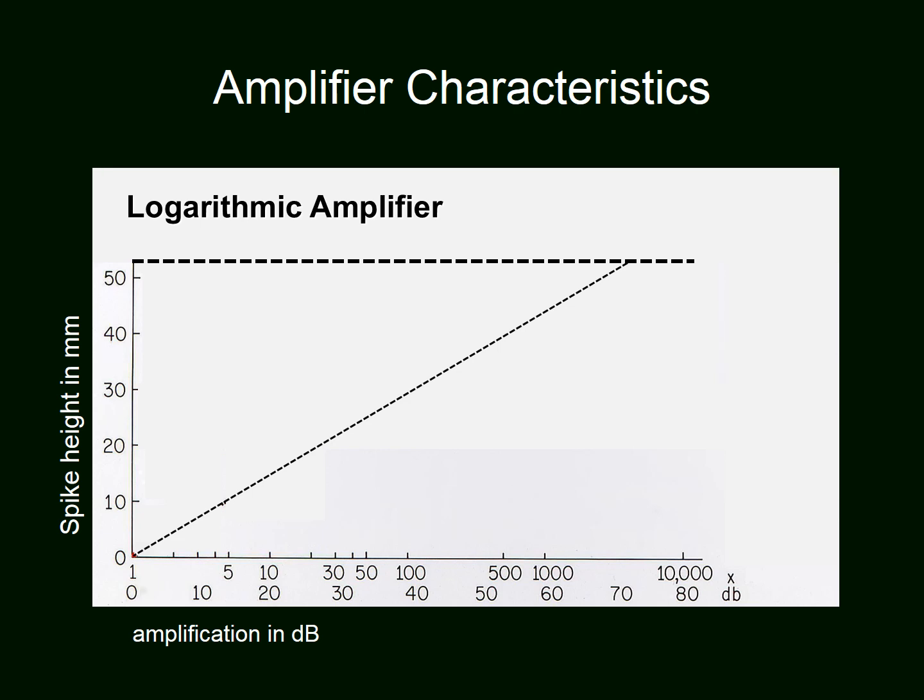How about the logarithmic amplifier? The characteristic line is straight because of the logarithmic scale we use. Overall, the acoustic field is much more than we need actually. It's over 70 decibels. All these different intensities can be simultaneously shown on the screen with one gain setting.